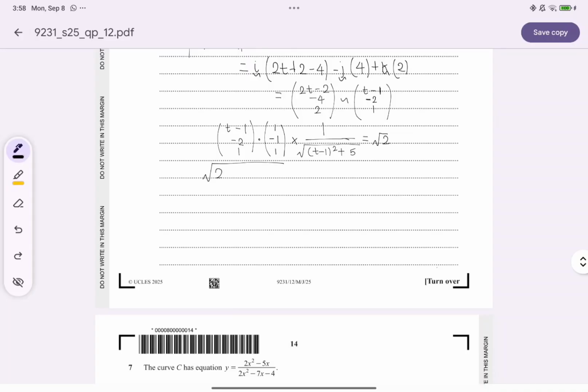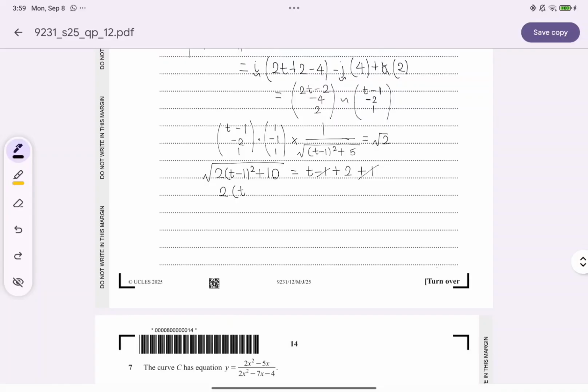So we'll have square root 2 times T minus 1 squared plus 10 equals T minus 1 plus 2 plus 1. So minus 1 and 1 cancel, so we'll only have T plus 2.